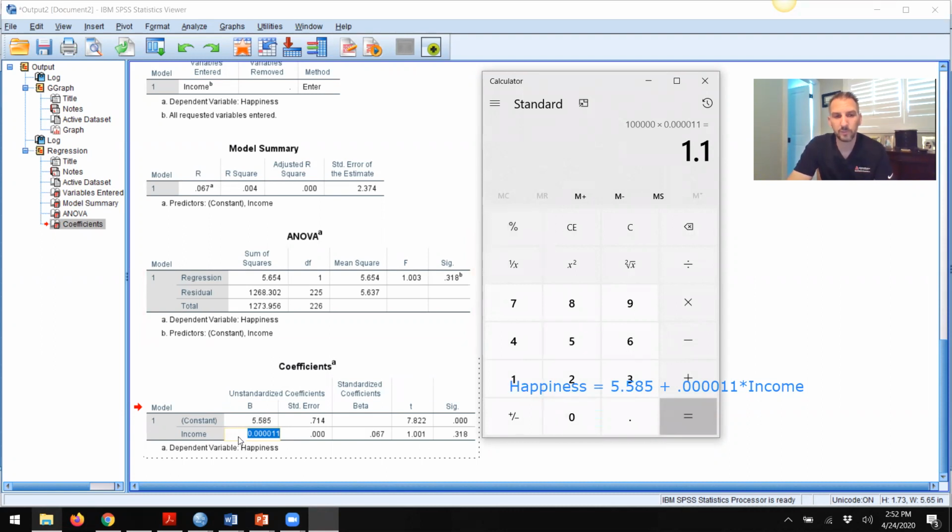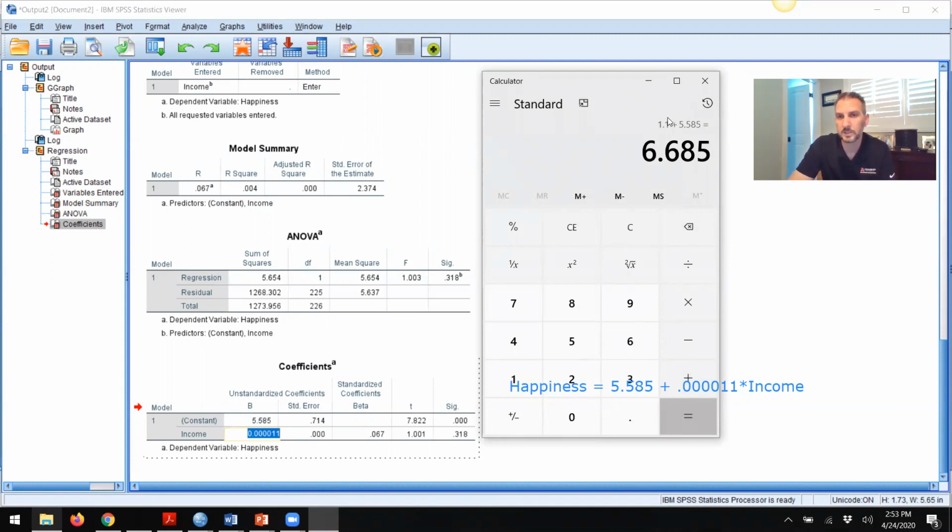So if my income is 100,000, my happiness is 1.1 plus 5.585, or 6.685.